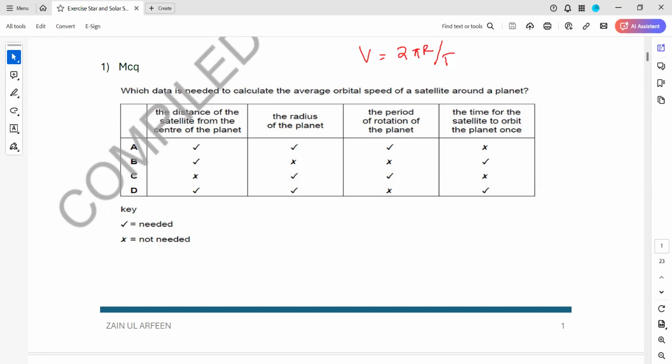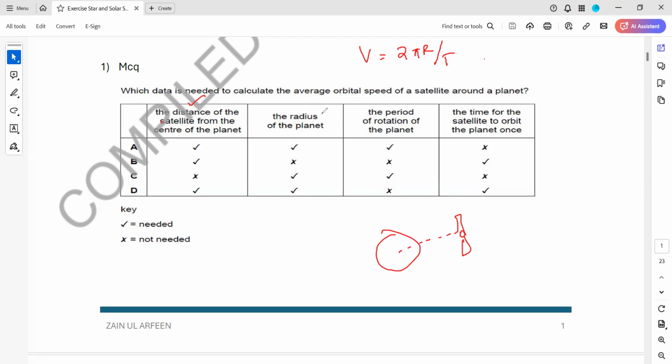So if we want to calculate the orbital speed, what are the parameters we need? The distance of a satellite from the center of a planet, that we need. For example, if this is a planet and here's a satellite, we need the distance from the center, which is the radius of the orbit.